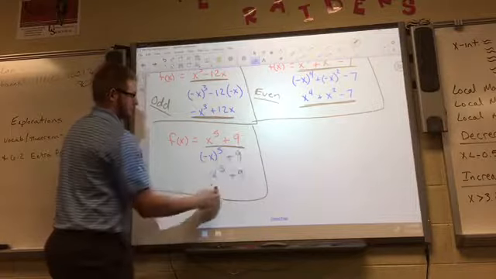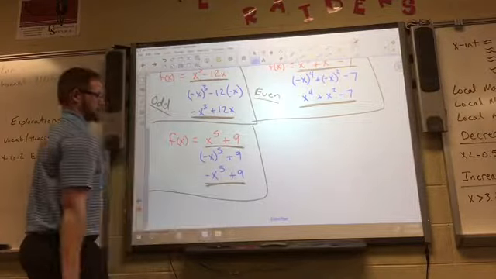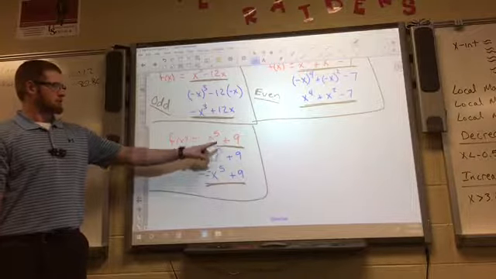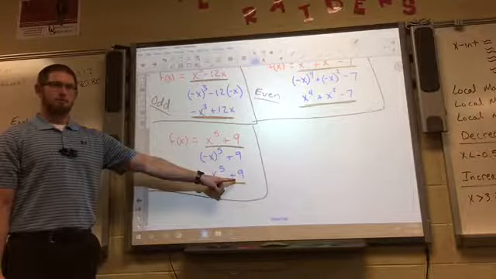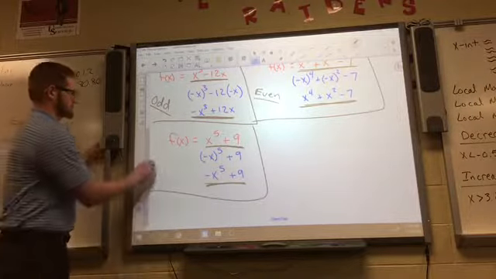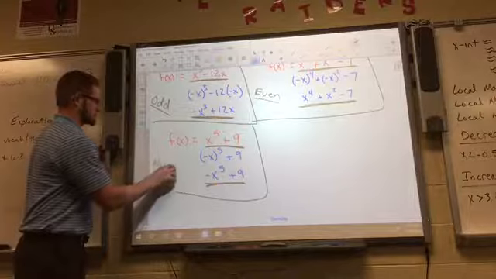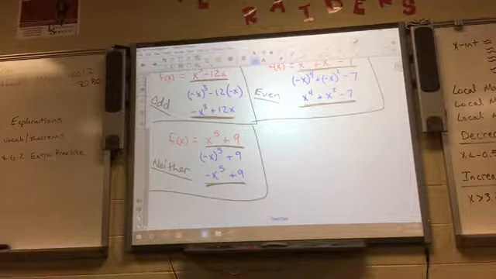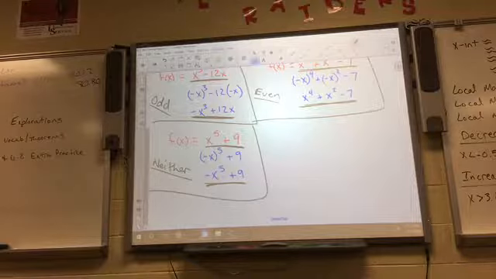Looking at my original function to my new function, my x to the fifth changed signs, but my 9 did not. So is this odd, even, or neither? Neither. Okay. It either has to be exactly the same, they have to be identical, or they have to be exact opposite signs on everything. Otherwise, it's going to be neither.